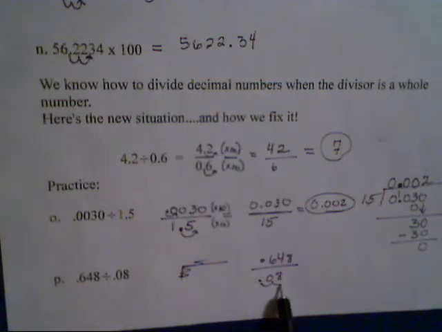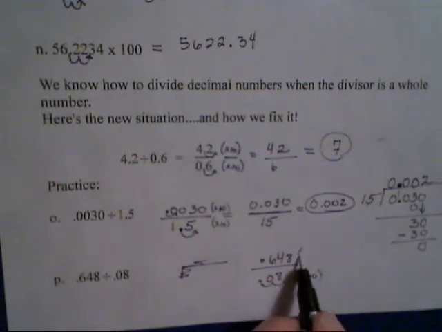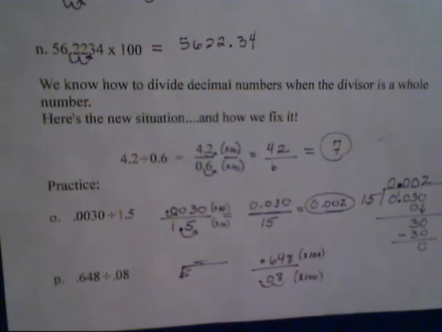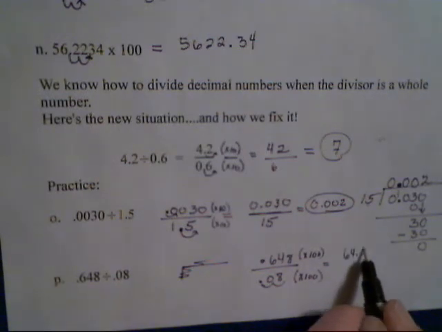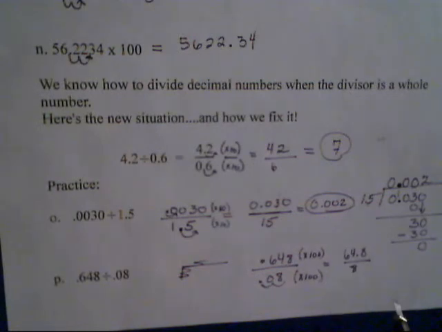I have to move it over twice. To do that, I have to multiply by 100. So let's multiply the top and the bottom by 100. And I will end up with 64.8 over 8. Get it? So now the last thing to do is to figure out what that is.